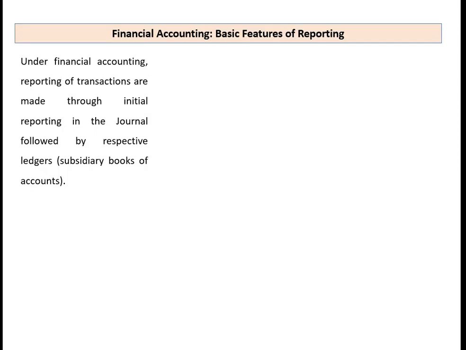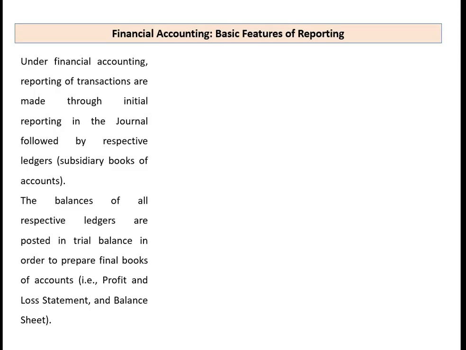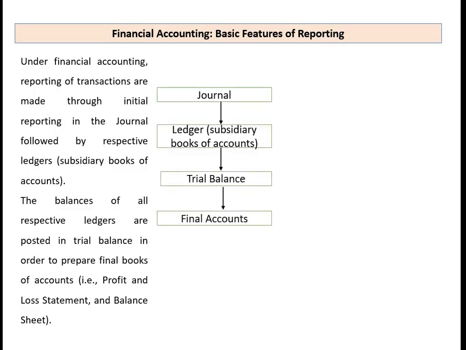So whatever journal entries you pass in the proper journal, you will post these journal entries to the subsidiary books of accounts. Then after that you will prepare ledgers, trial balance and final books of account. So through this diagram you can see these are the four steps of financial accounting for reporting purposes: journal, ledger, trial balance and final accounts.